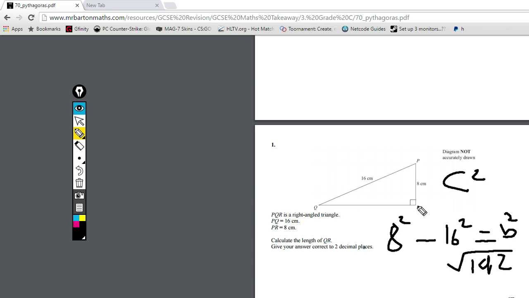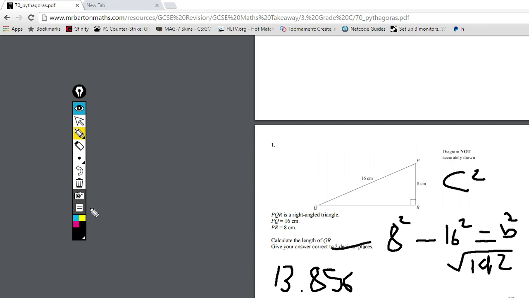So if we do that on our calculator, we get 13.856. Okay, I'm going to write that down.